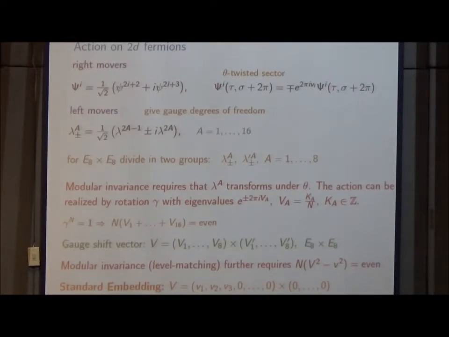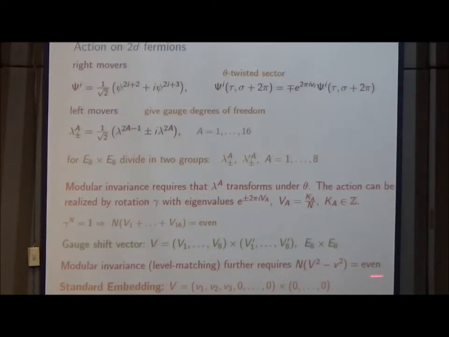And now comes level matching again, or modular invariance, which one can see as level matching. You know level matching: the left mass and the right mass, the eigenvalues of L0 and L0 tilde, are equal.